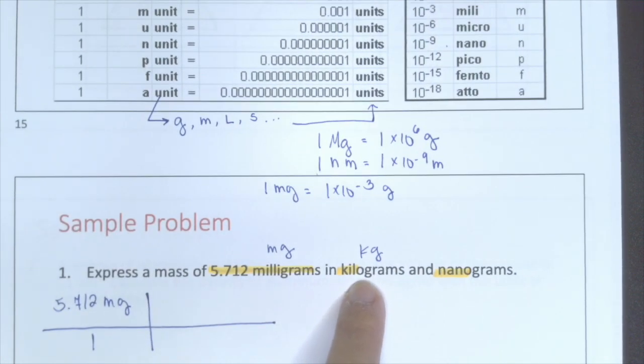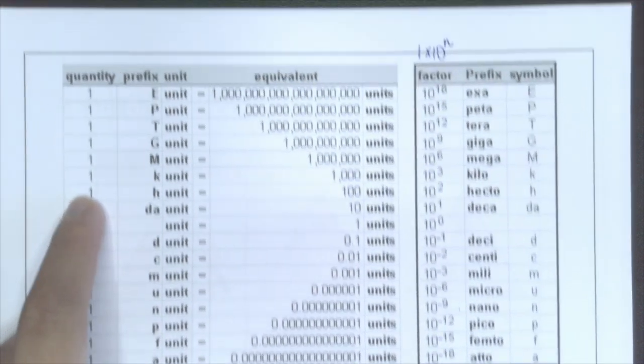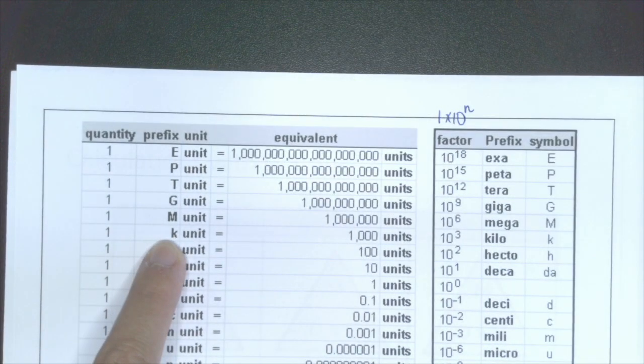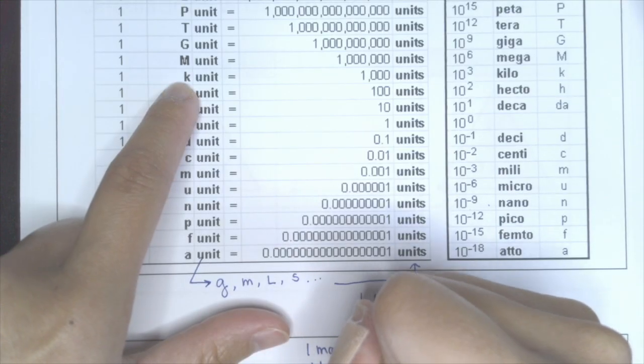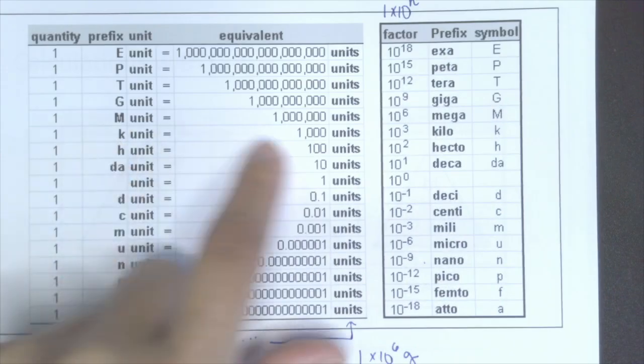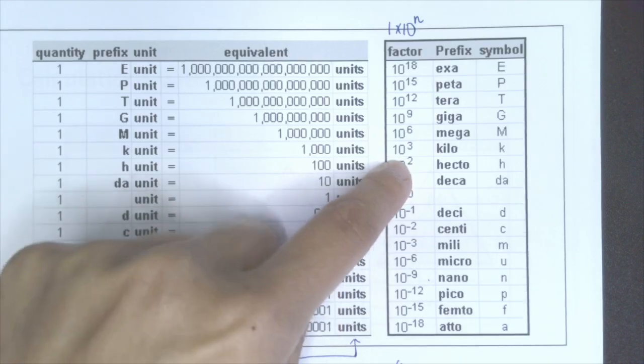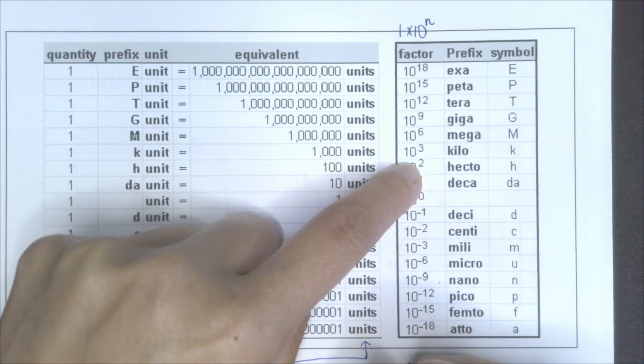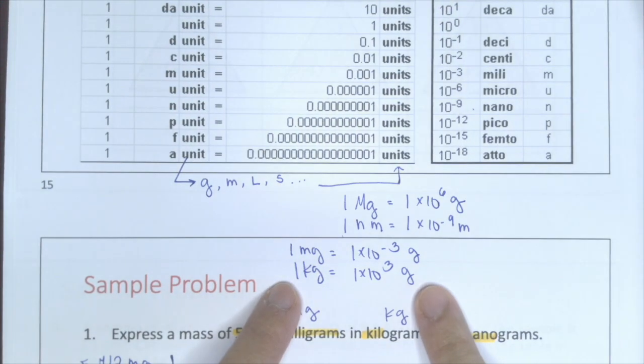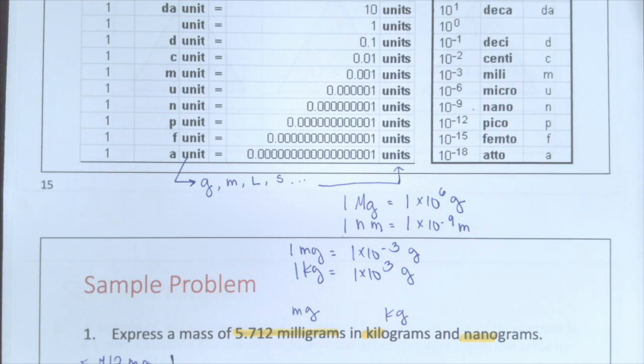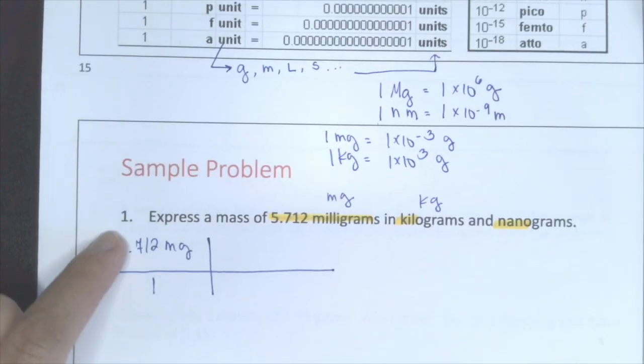The same thing. Let's go ahead and write out our conversion factor. So 1 kilogram is equivalent to 1 times 10 to the positive third grams. And so that's what I wrote right here. So it's a convenient area to look at when we start filling out our table.